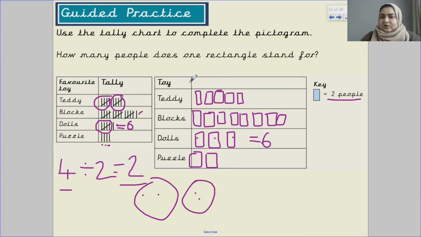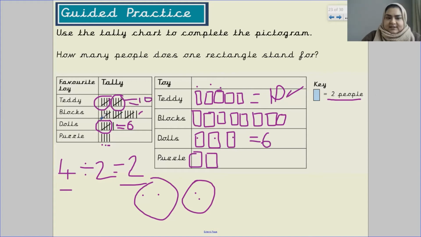The only reason I'm using repeated addition is because 1 triangle means 2 people. That is the only thing that's on my key. So let's count 2, 4, 6, 8, 10. So I know that is correct, because the teddy was 10.